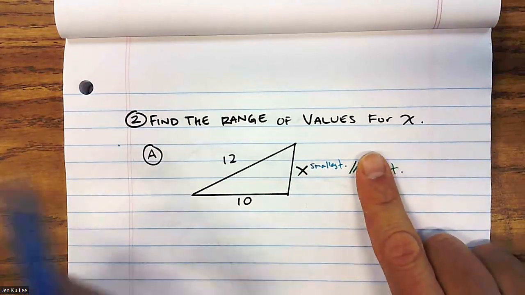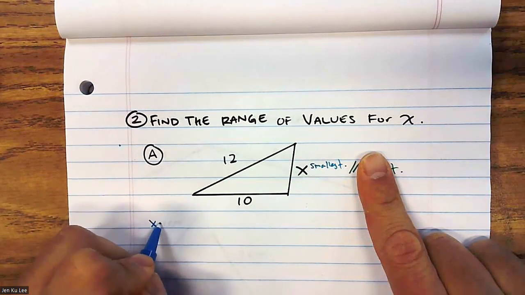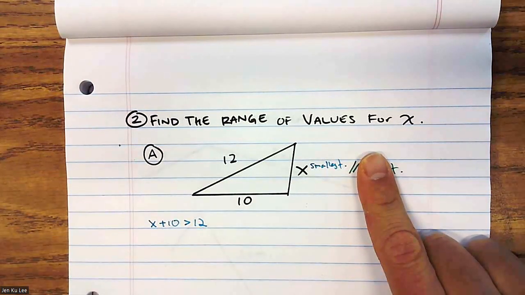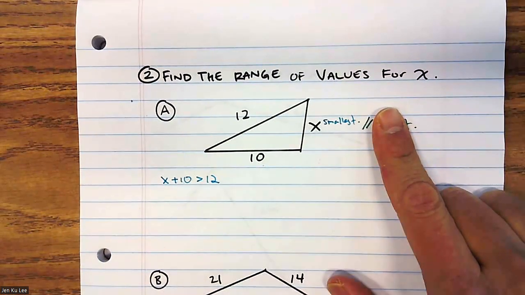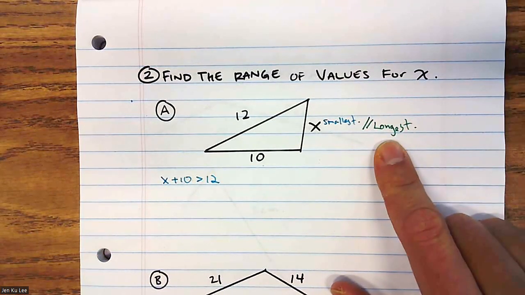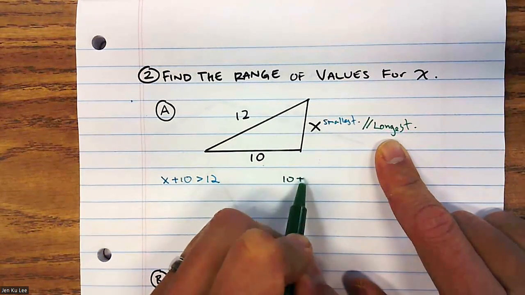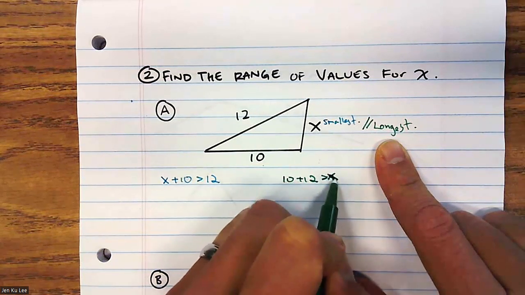So if x was the smallest, then x plus 10 needs to be greater than 12, because 12 is greater than 10. If x was the longest, then 10 plus 12 needs to be greater than x.